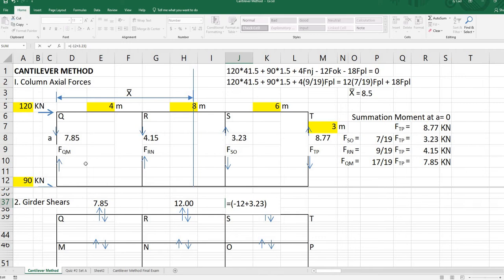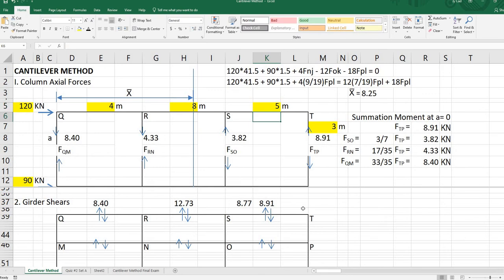So, ibinalik ko siya sa left side para mag-equate to 0. So, minultiply ko siya ng negative. Okay? So, 8.77. Let's check. Ayan. See? So, to verify, pagpapalitan ko yan ng value, dapat magpapalit din ito. Ayan. See?